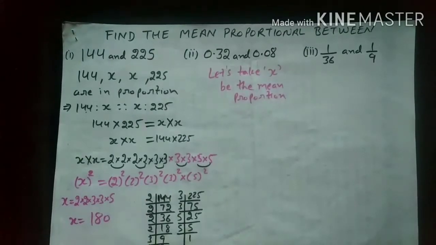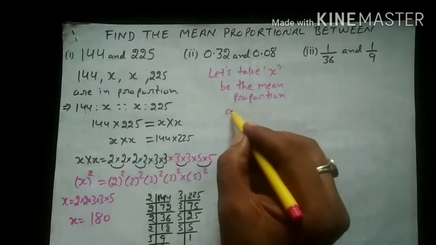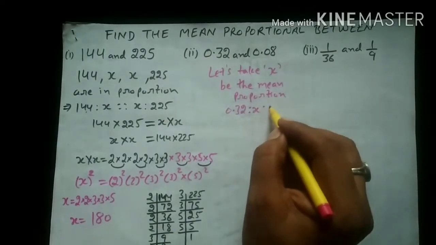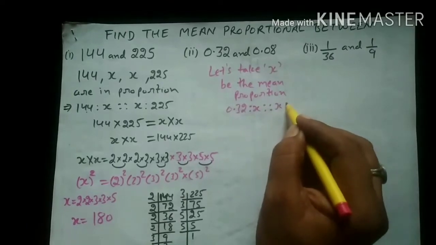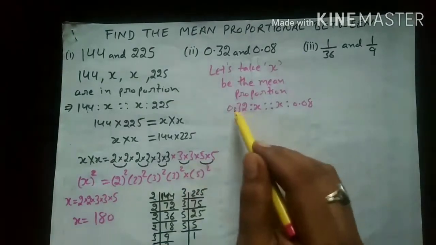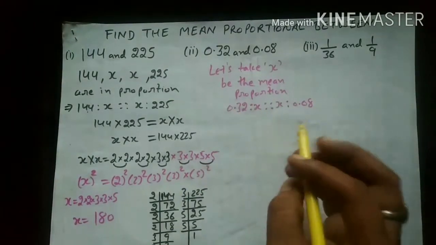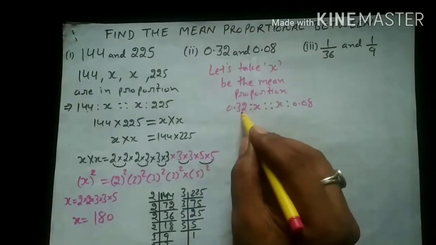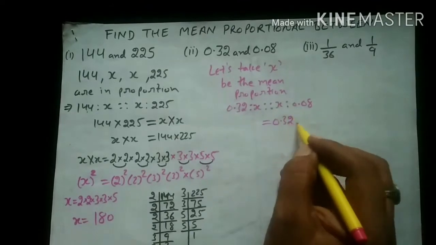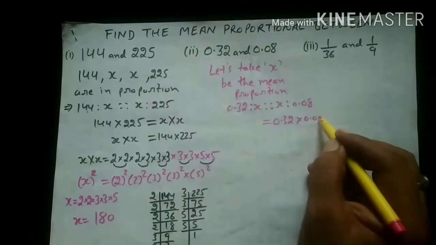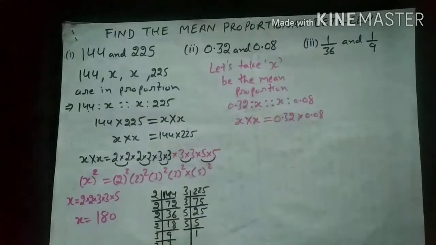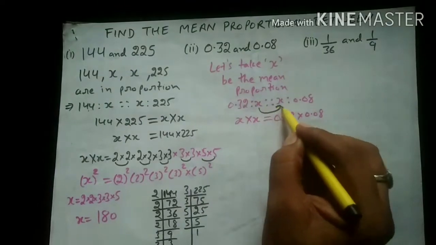Therefore, we know 0.32 ratio x is proportion to x ratio 0.08. Now the product of extremes is equal to the product of means. So what is the product of extremes? That is 0.32 multiply 0.08, and x multiply x is the product of means, right?